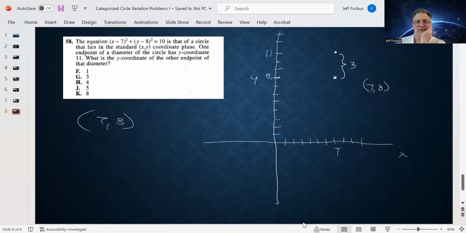So we're going to go down 3 more. We're going to end up at 5, right here. So this will be (7, 5) here, and up here is (7, 11). So the other endpoint is going to have a y value of 5, and that's going to be answer choice J.